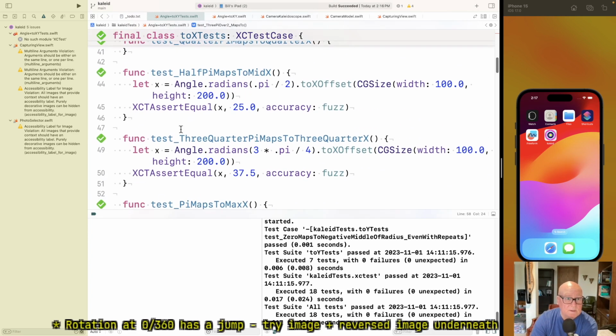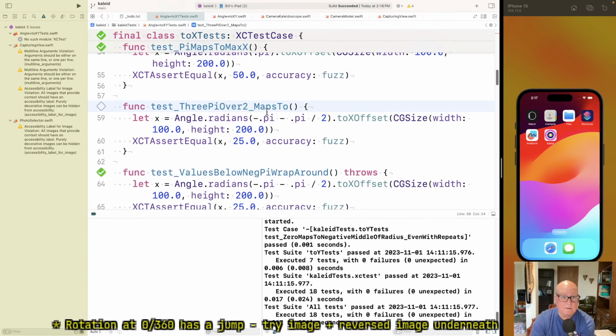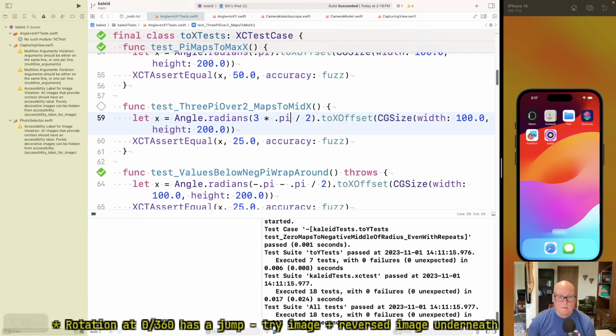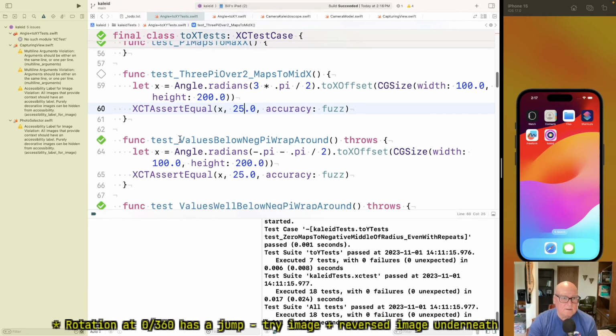We know the answer should be the same as half pi, so 25. Come on, mid x. All right, so 3 pi over 2 should map to 25.